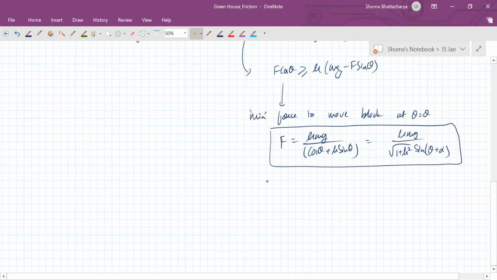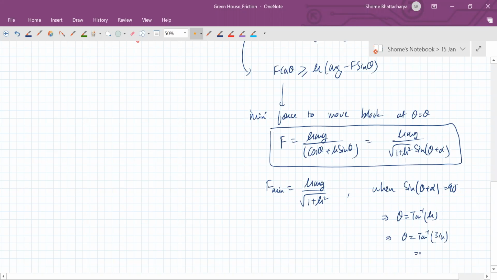So we saw that F minimum will become mu mg upon square root of 1 plus mu square. But that will be when sine of theta plus alpha is 90 degrees, or theta is equal to tan inverse mu, or theta in this case is tan inverse of 3 by 4, or 37 degrees.